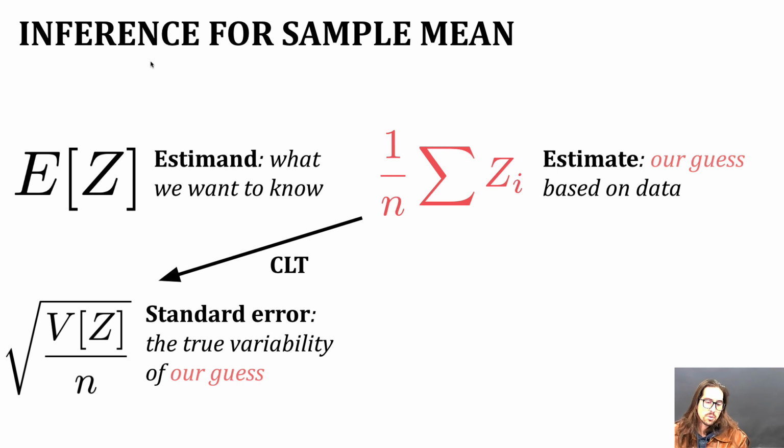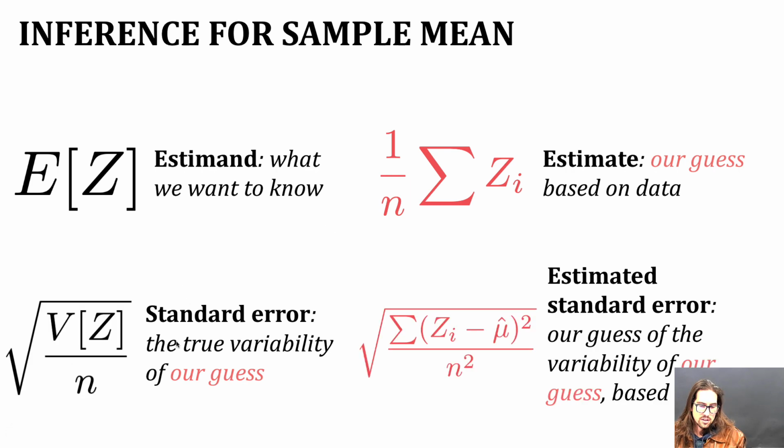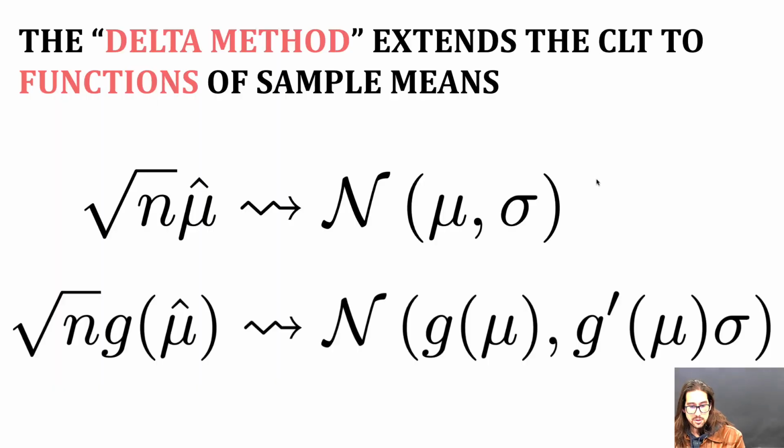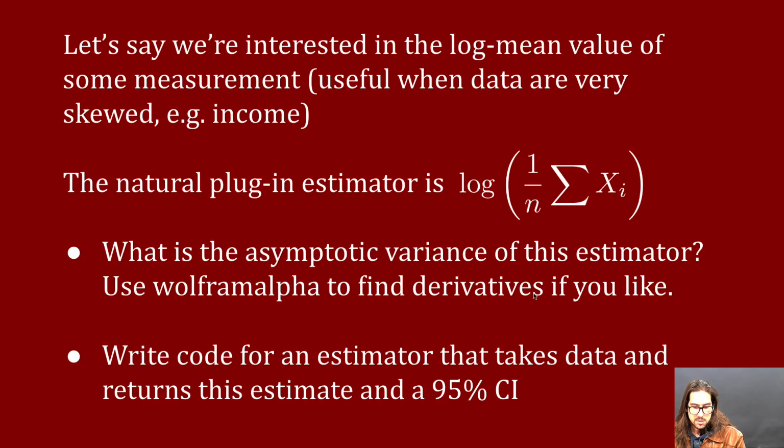If we know the data generating process, then we can analytically compute this kind of standard error. Here we did it when the estimator is just the simple sample mean. Now we can do it when the estimator is any kind of function of a sample mean. It just takes a little bit of math, but this works. And again, you don't really have to do this; just be able to recognize that this is possible.